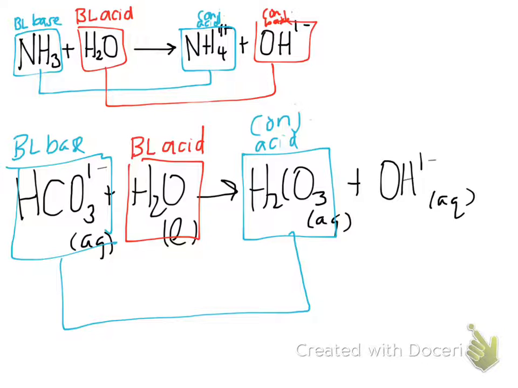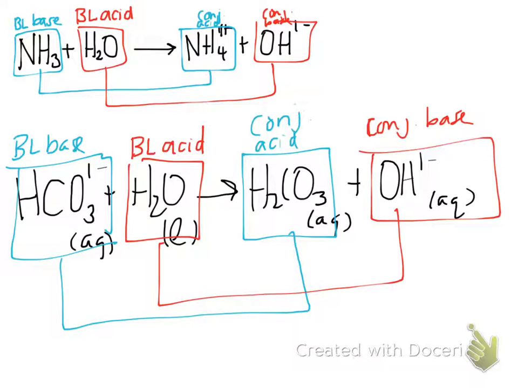H2CO3 is our conjugate acid because it could theoretically give its proton back. Which of the things on the reactant side could theoretically reaccept the proton? The hydroxide ion. So that makes it our conjugate base. Okay, so there we have our two pairs. Does that make sense? Okay.